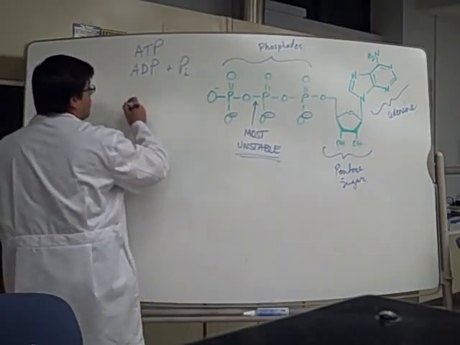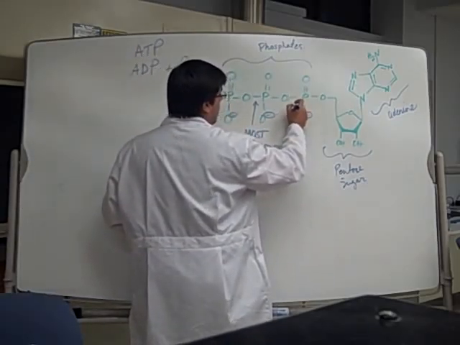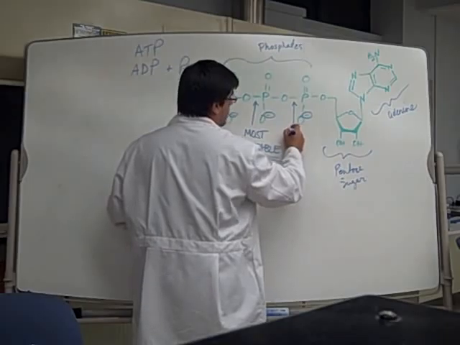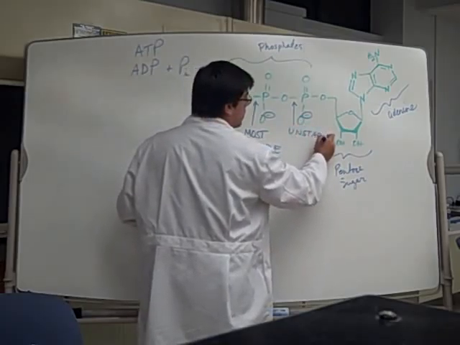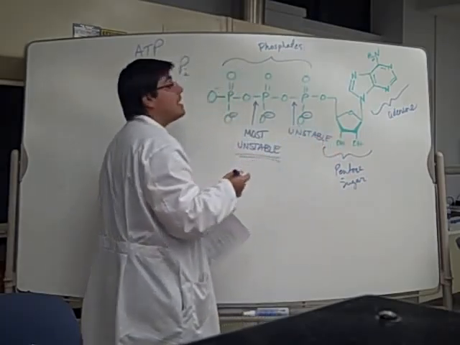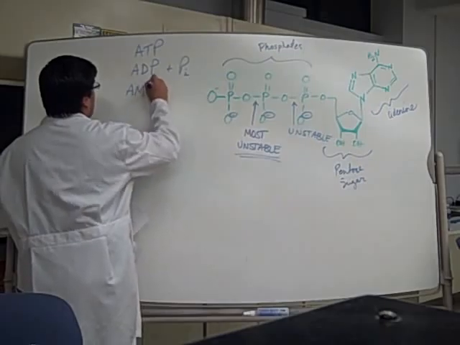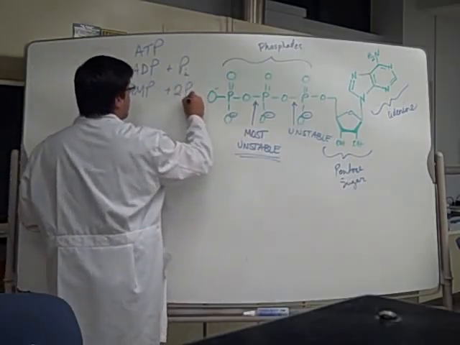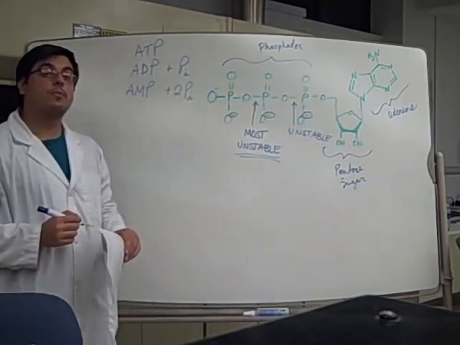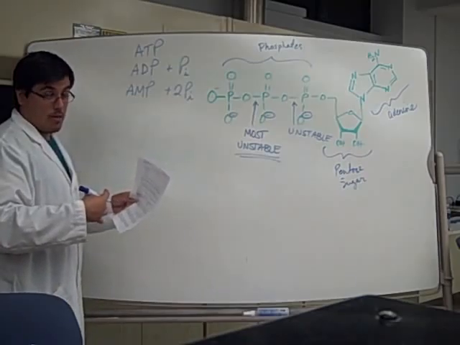Now, we can break off this second bond here, which is also relatively unstable, to give us adenosine monophosphate, AMP, plus two inorganic phosphate groups, pyrophosphate, when they're linked together.